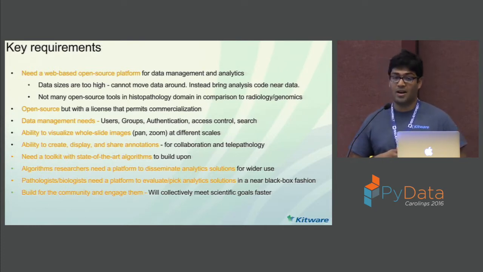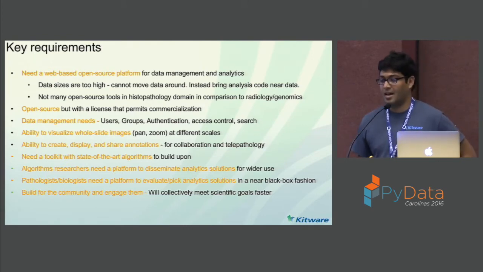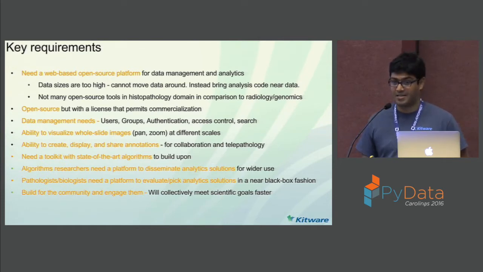They also need a platform to disseminate their new analytic solutions for wider use with the community. The pathologists also need a platform to evaluate and pick among all the state-of-the-art algorithms that are there. And lastly, and most importantly, we have to build for the community and engage them. That way we'll collectively meet these scientific goals faster.